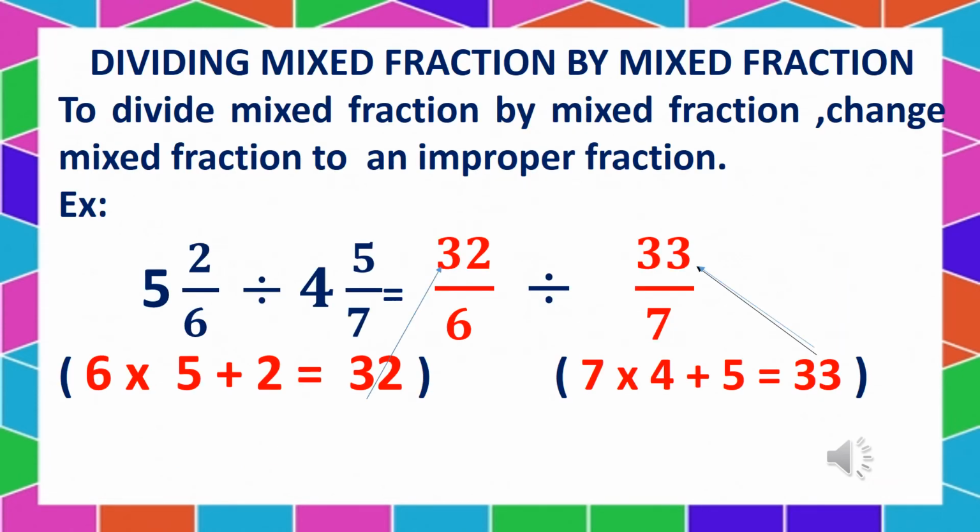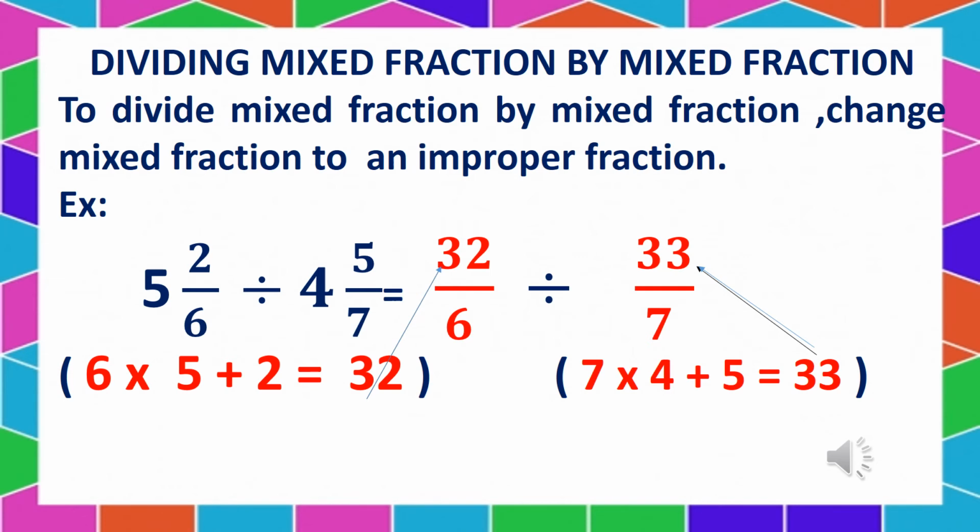So this will now be our final answer, 17 over 18. Okay, let's take another example. You have division of a mixed fraction by another mixed fraction. Now let's take this rule. To divide a mixed fraction by another mixed fraction, change the mixed fractions to improper fractions.